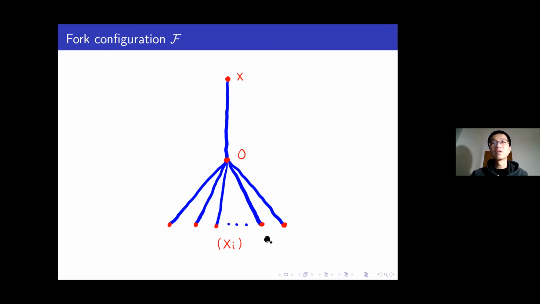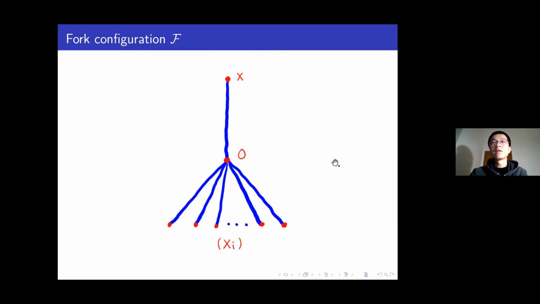Whenever you have this fork configuration, because it looks like a fork, and this is what they call it, you can always find one of these x_i, say x_k, so that the distance between x and x_k is strictly less than 2. So this is just the definition of property beta.